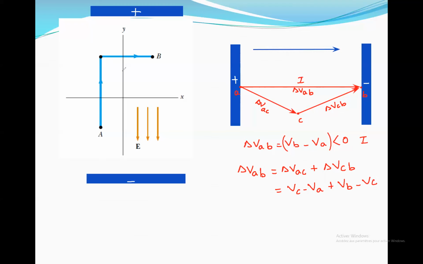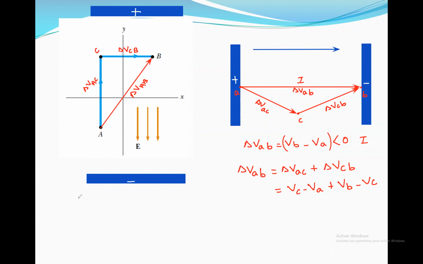If we come here to our problem, here we have AB. You can go directly from A to B. In this case, you have delta VAB, or we can go through a point C. So we have delta VAC plus delta VCB.